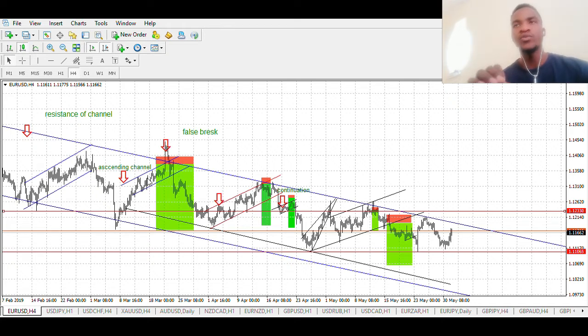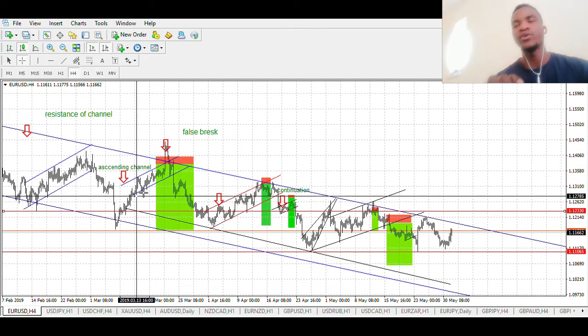So pretty much how you measure: we talked about this pair last week, Euro USD. This is the ascending channel that we'll be talking about, and this is the resistance that the price is moving towards. What you have to do is measure from the lowest point of the ascending channel. This is where we started by drawing the ascending channel.